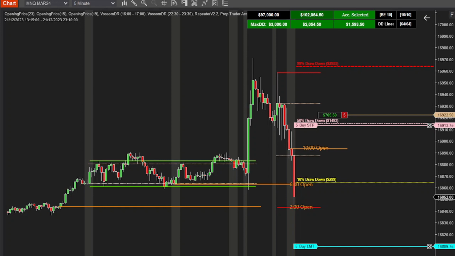So this is one of the disadvantages of intraday trading drawdown, where you can see that my 99% drawdown and the 50% drawdown just keep going down as long as you are in the position of profit.